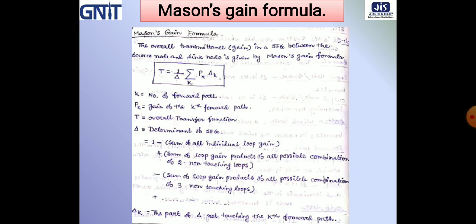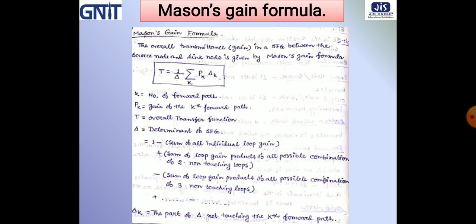Now, how do we calculate the transfer function from this signal flow graph? If we want to calculate the transfer function from this type of signal flow graph, then we have to use this Mason's gain formula. Now what is Mason's gain formula?